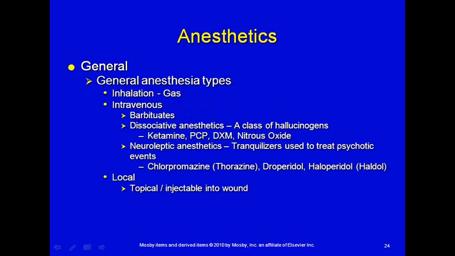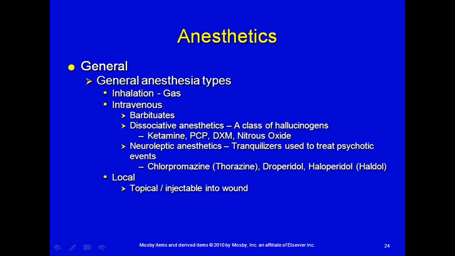There are different types of anesthetics. There's certainly gas, and nitrous oxide would be an example of that, which can be inhaled. Intravenous include barbiturates like phenobarbital, and then there are dissociative anesthetics. It's a class of hallucinogens which include ketamine, PCP, dextromethorphan, and nitrous oxide.